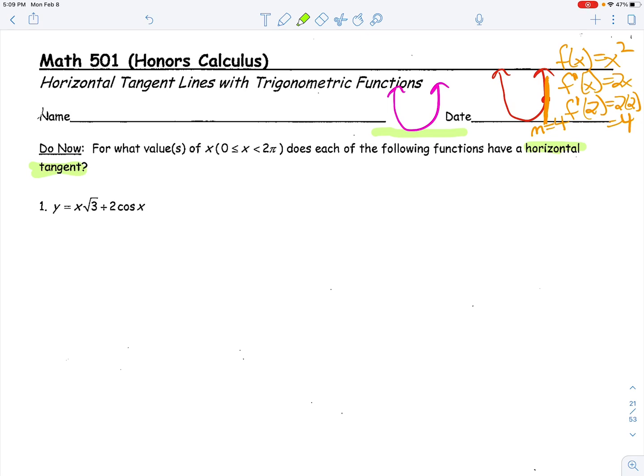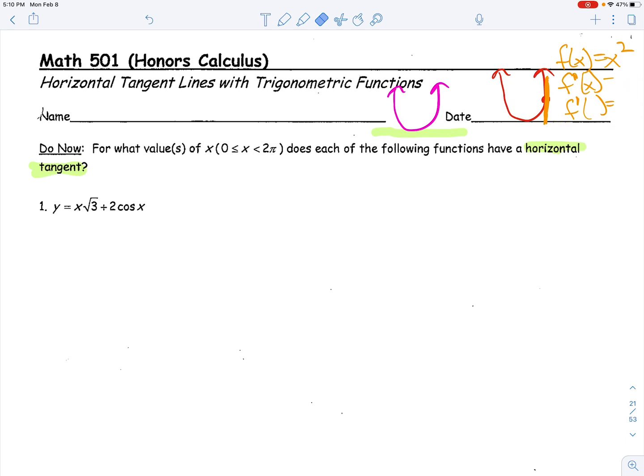So this is kind of like a going backwards question. Find the values of x where you have a horizontal tangent, meaning that the slope is 0. So what I'm trying to say here is that if you go back to this f of x being x squared, we found f prime of 2 to be equal to 4.